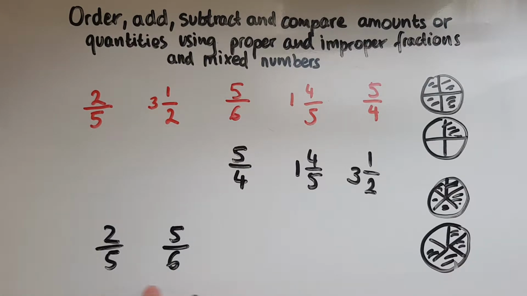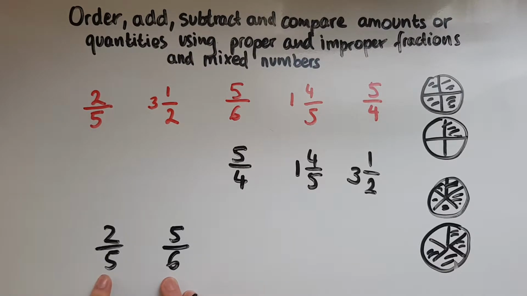So I'm going to try and bring them to the same denominator, because that means having the same number of slices and the same size of slices, so then they can be comparable. So 5 to bring to a number that can be divided by 6 and give whole numbers as well. So in other words, that's finding a common multiple.